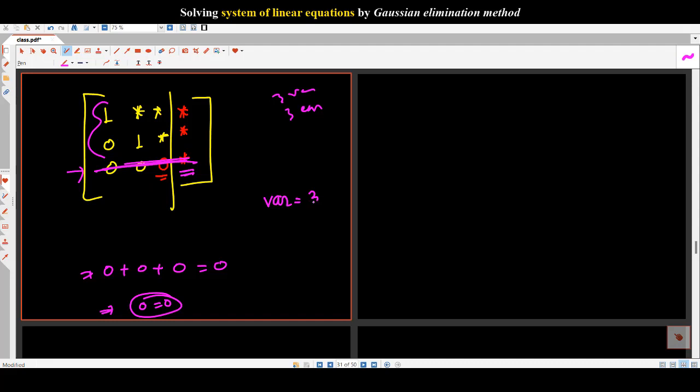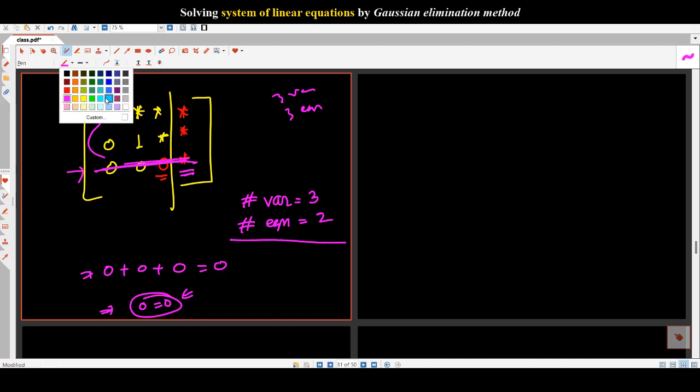The total number of variables is 3, and we have only 2 equations. If we subtract these numbers, 3 minus 2, variables minus equations, we get the number of free variables that we have.